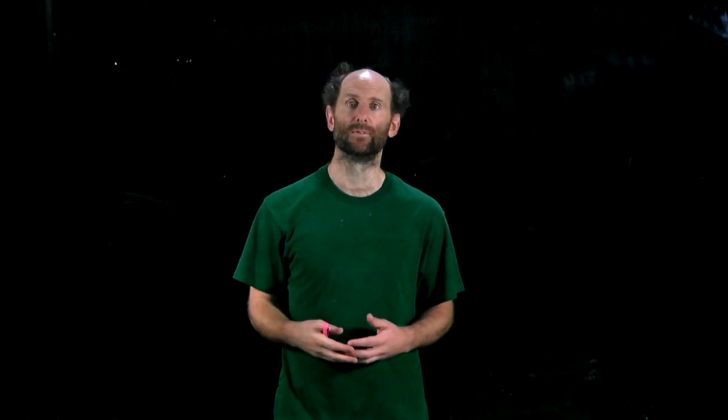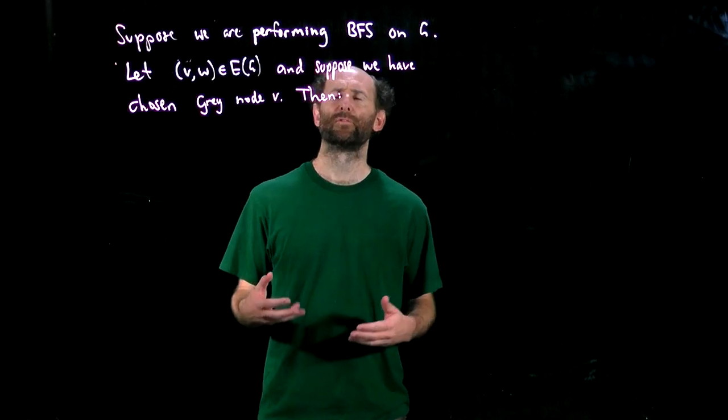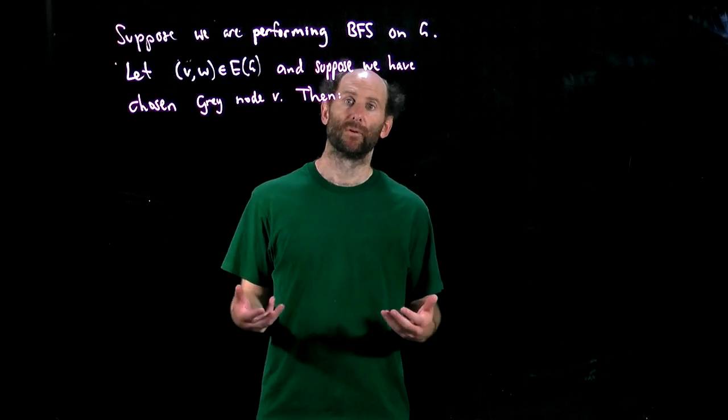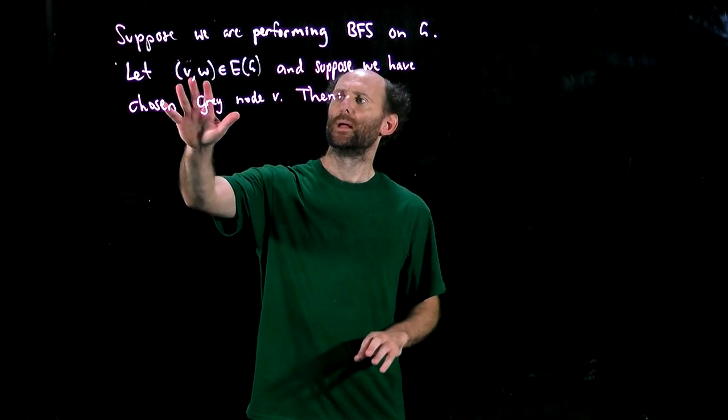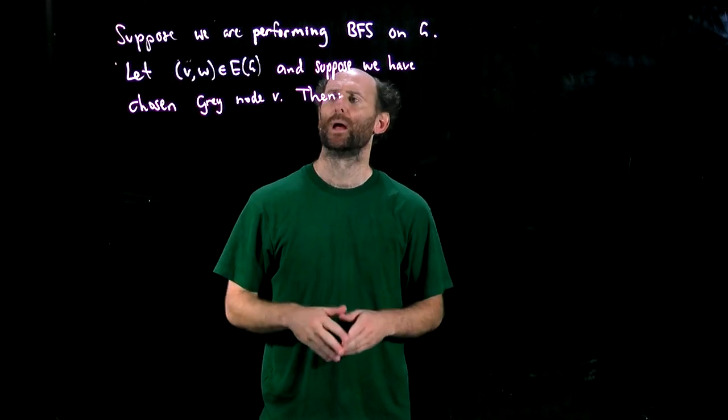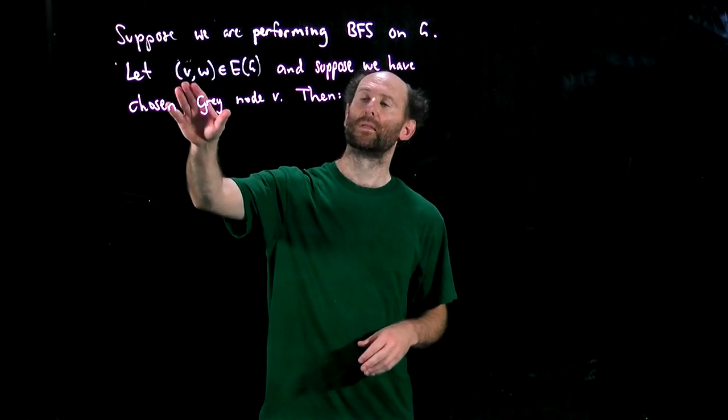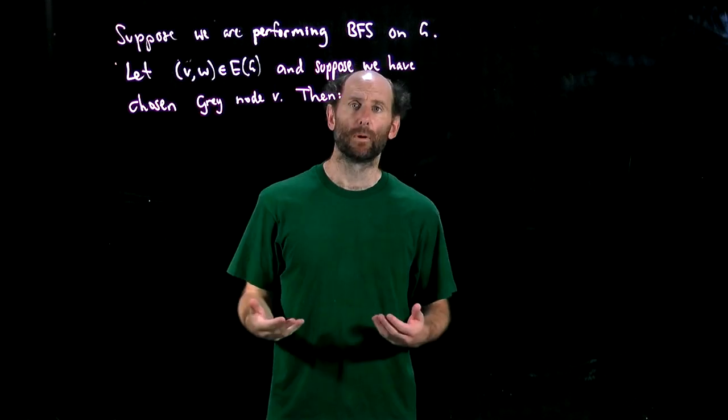So next, let's see how we can classify arcs using their depth D. It's not nearly as clean a result as we had with the seen and done times in the DFS, but it is still useful. So suppose we're performing breadth first traversal on some digraph G. We've got the arc VW, and suppose we've just chosen the grey node V. Then what can we say?